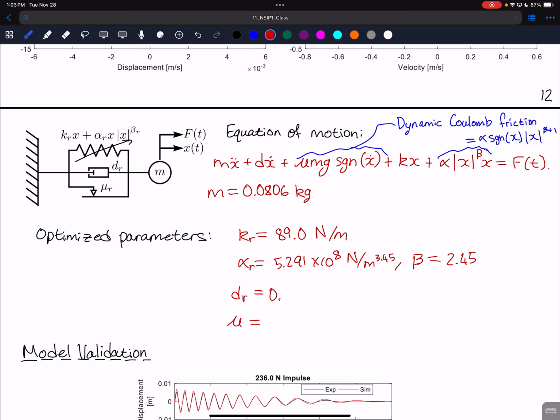The damping was 0.3988 newton seconds per meter. That gives you a damping ratio of 0.0744. And then lastly, the coefficient of friction was 0.00988.